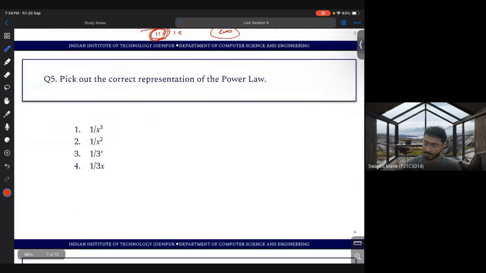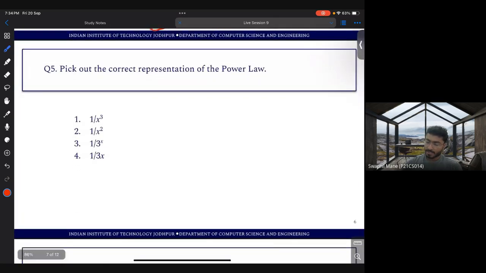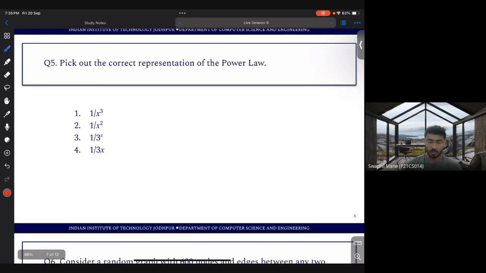Okay, so pick out the correct representation of the power law distribution. So this is also a direct answer. Does anyone want to say something or give the answer for this question?